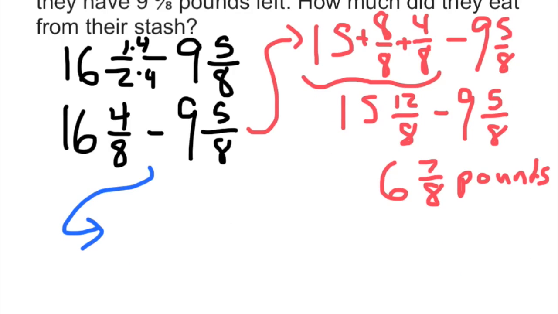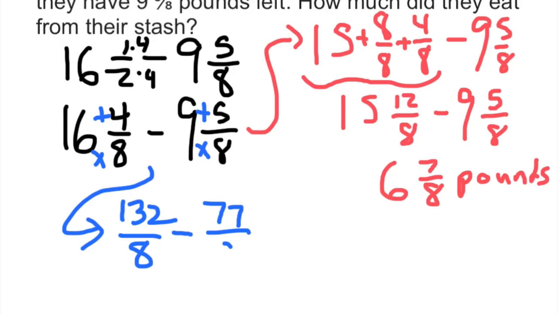The other way to do it is with improper fractions. We can change these both to improper fractions. 16 times 8 is 128, plus 4 is 132 out of 8, minus 8 times 9 is 72, plus 5 is 77 over 8. 132 eighths minus 77 eighths is 55 eighths.